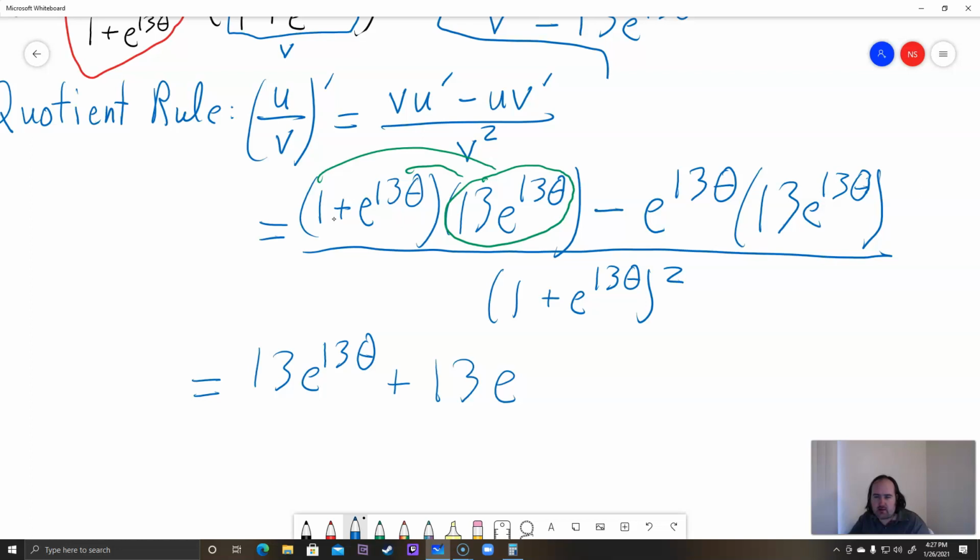But here, I think I'd rather just write it as e to the 13th theta squared. You could also write it as e to the 26 theta if you added the exponents. But since we're multiplying here, I think I'd rather just leave it as e to the 13 theta squared.